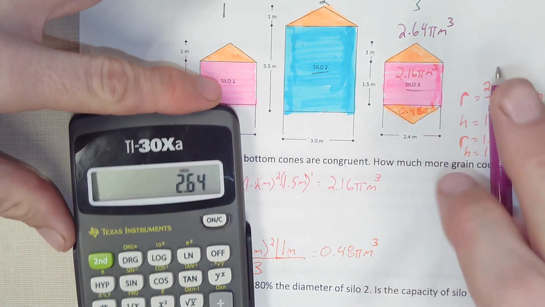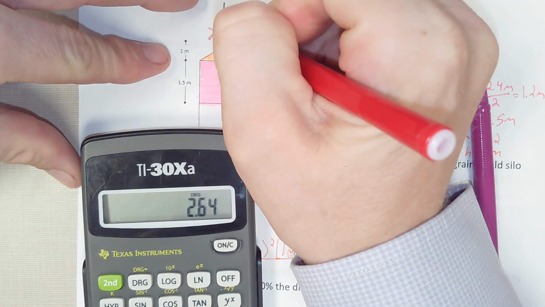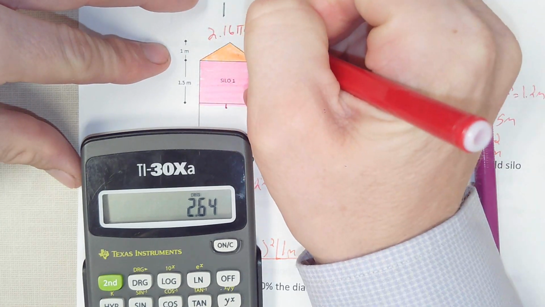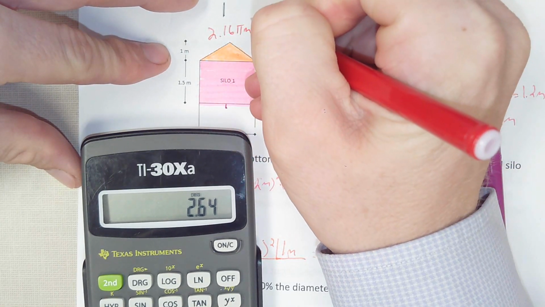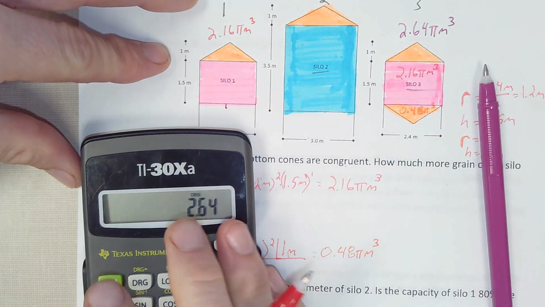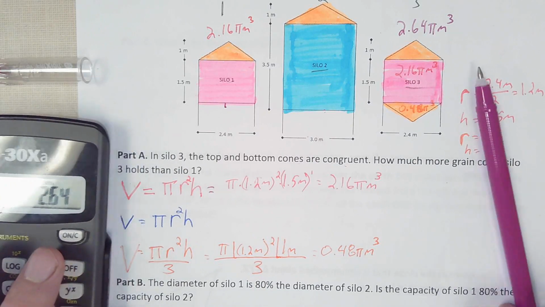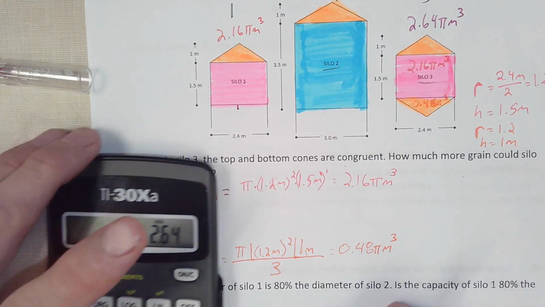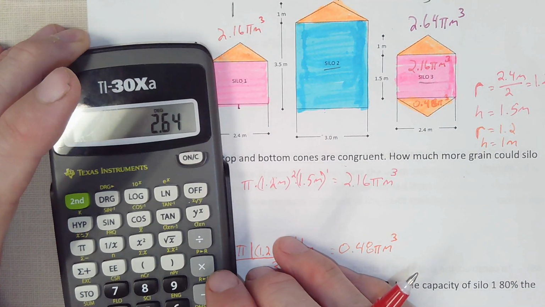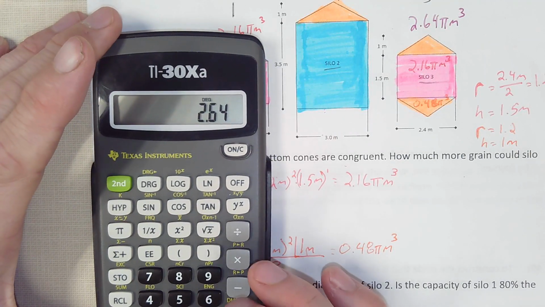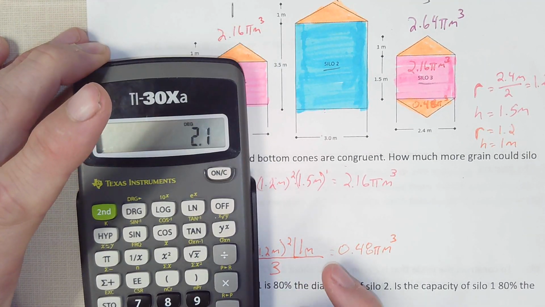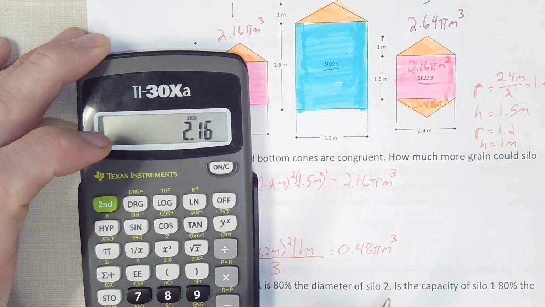And then this one just holds 2.16 pi meters cubed. All right, so how much more grain can silo 3 hold? We're going to do 2.64 divided by 2.16. The pi's cancel out, right?